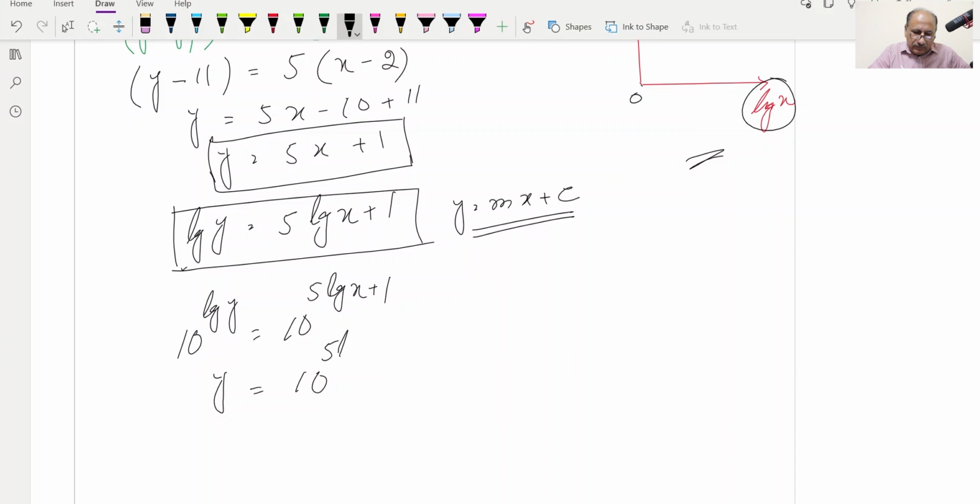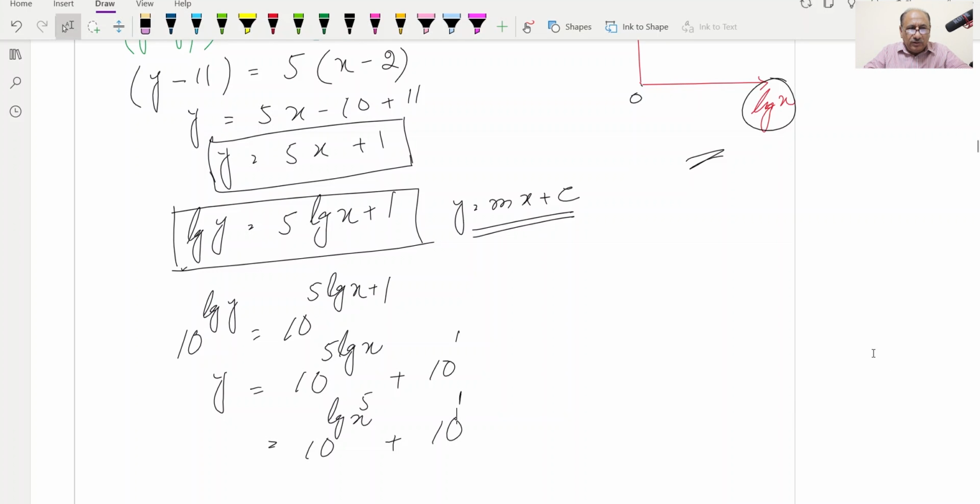We can first write it separately like this, so we have separated both terms, and now we can rewrite it as 10 raised to the power log x raised to the power 5 plus 10 raised to the power 1.